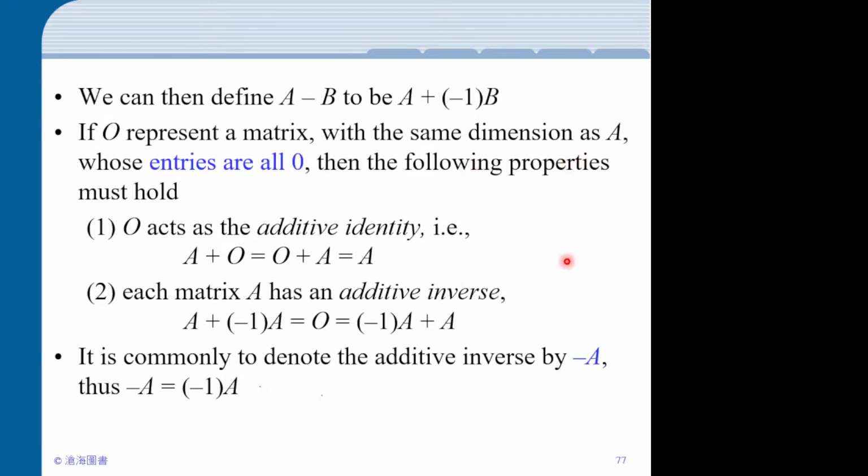It's just a whole big block of 0, and it's pretty boring. So if you add any matrix with 0, then that will be the same matrix itself, because for the entry, adding 0 doesn't do anything, and so you can add from left and add from right to the matrix, and it will be the same.